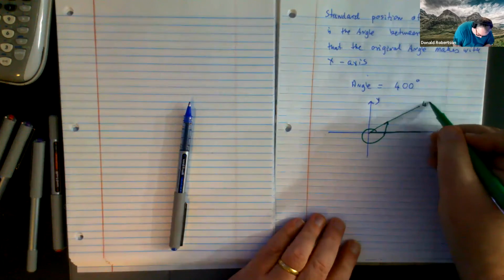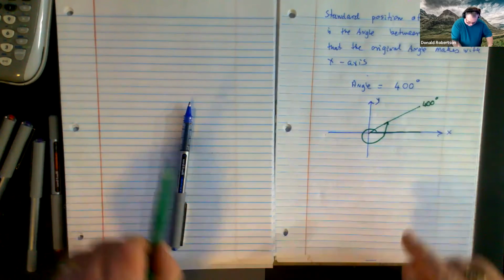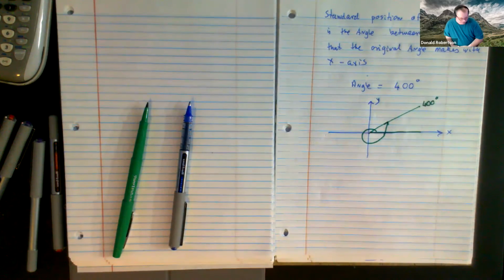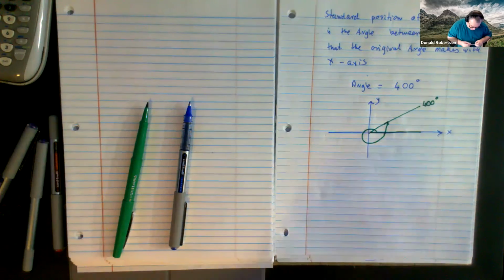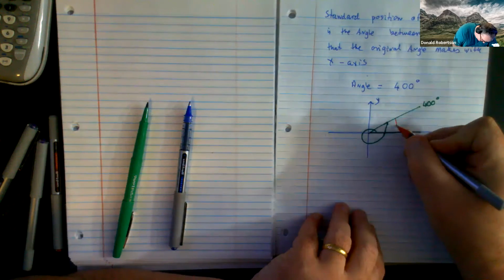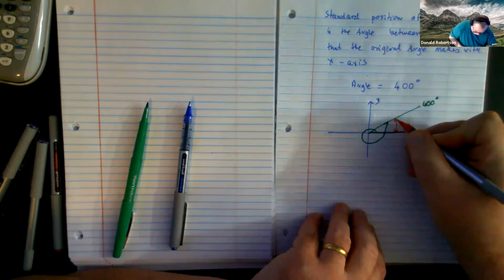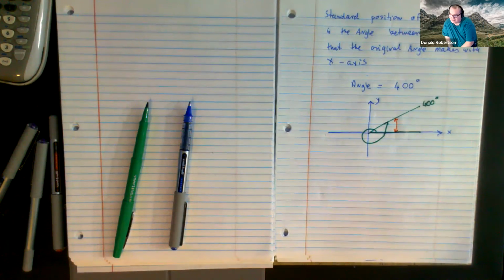And I'll just put the 400 degrees there to make it easy to see. Wasn't that what 400 degrees looked like? Now, the guy that's called the standard position is the angle that it makes with the x-axis. Do you see it's that guy?